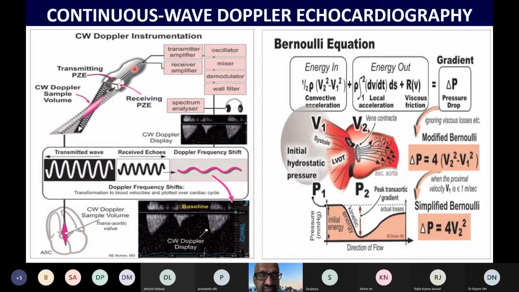When you activate the continuous wave Doppler button on the machine, you will be activating 2 crystals, one which is emitting the rays, the other one is receiving the ultrasound waves.